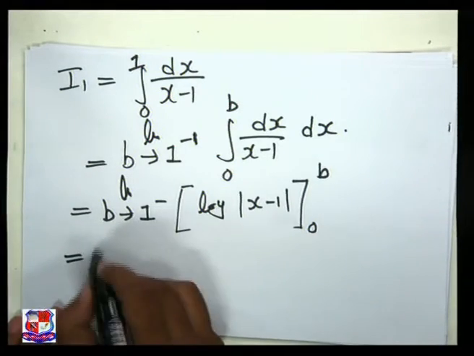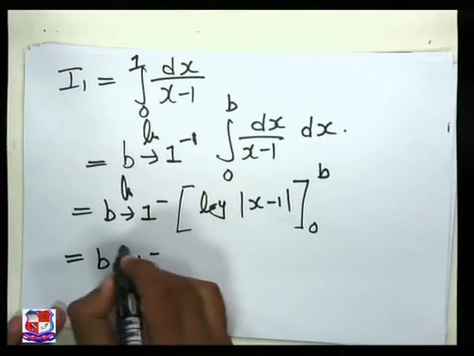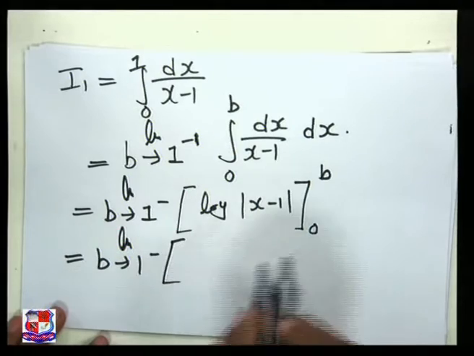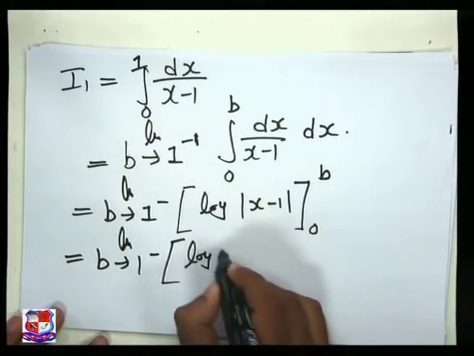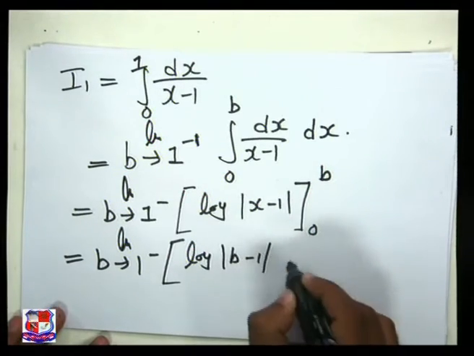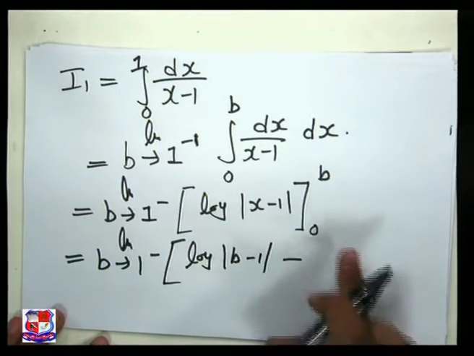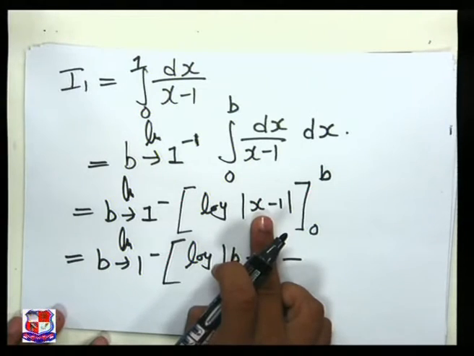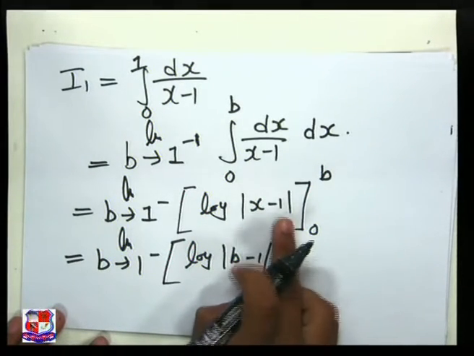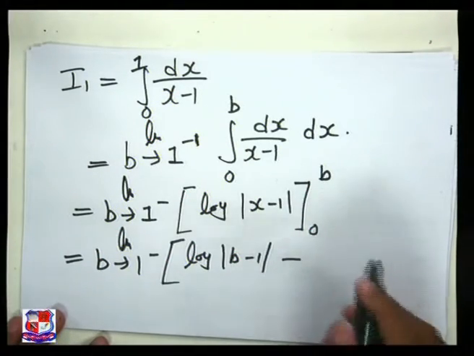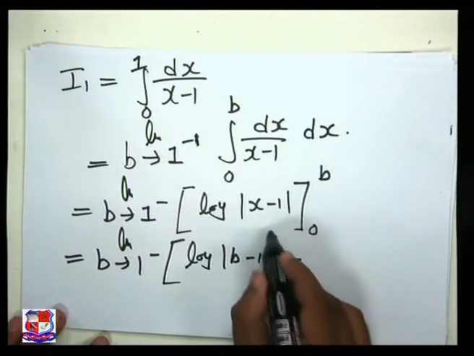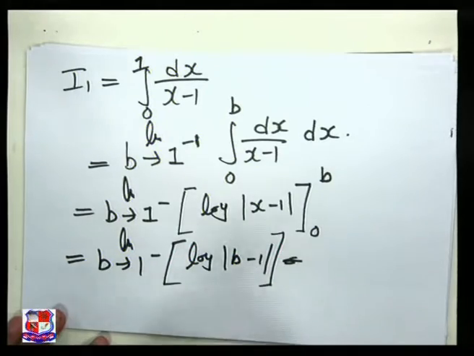So this is equal to log modulus b minus 1 minus, when we put 0, log modulus 0 minus 1, so modulus minus 1 is 1, so log 1 becomes 0. So we don't need to write it, and the final is log modulus b minus 1.